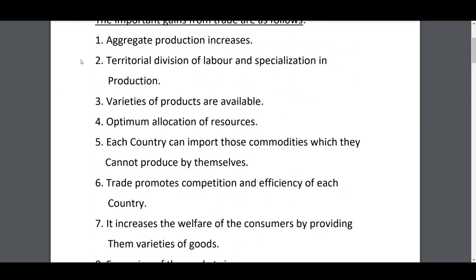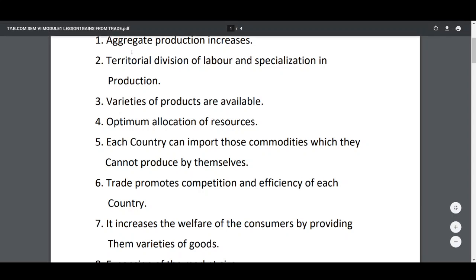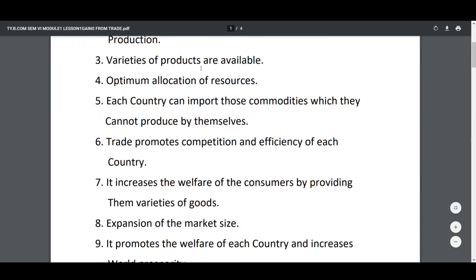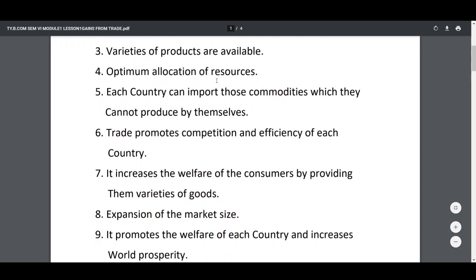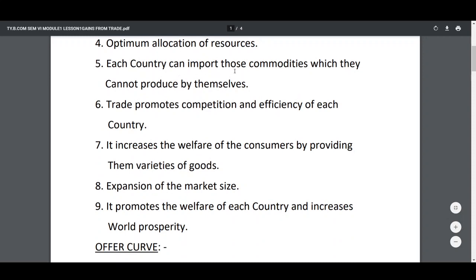First one is what? Aggregate production increases due to international trade. Second, territorial division of labor and specialization in production. Third, varieties of products are available. Fourth, optimum allocation of resources. Fifth, each country can import those commodities which they cannot produce by themselves.